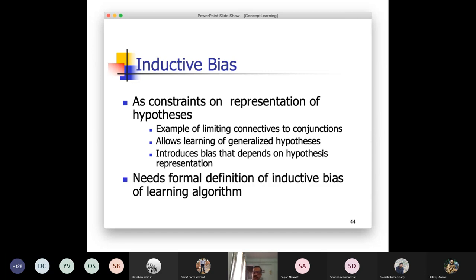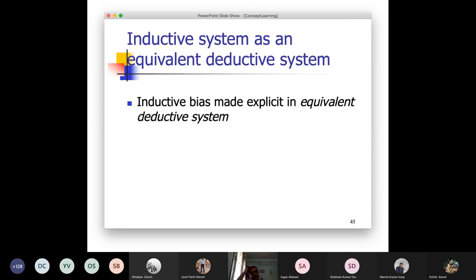So we'll have a little more formal definition of inductive bias. When we say how do you represent an inductive bias, you can consider that the bias means you are defining those constraints on your arguments, on your logical system, so that using those constraints you can derive the same result that otherwise a deductive system would have done.